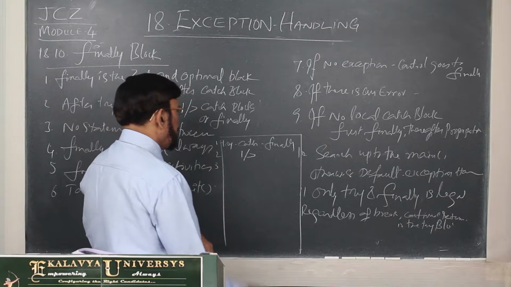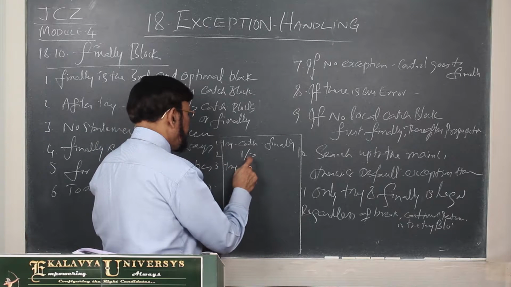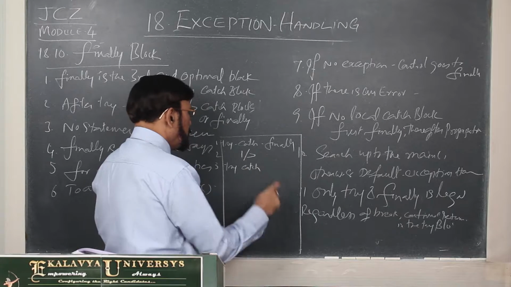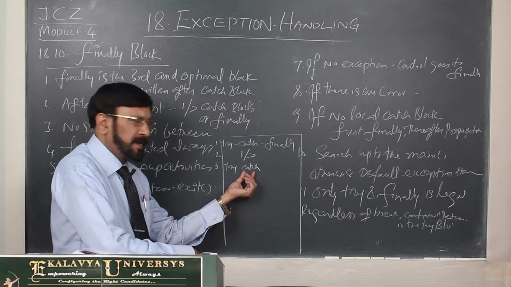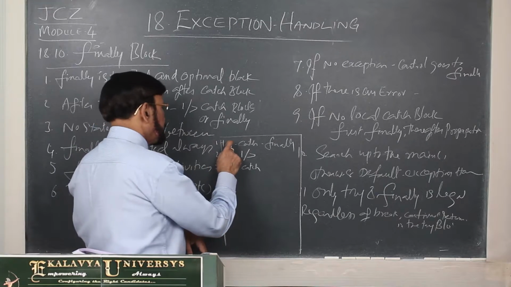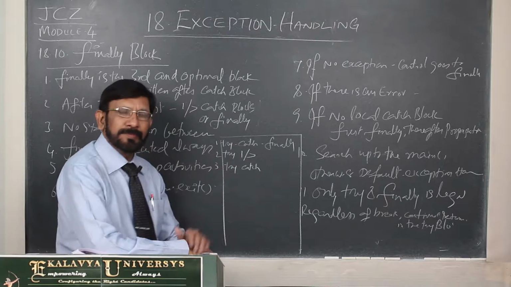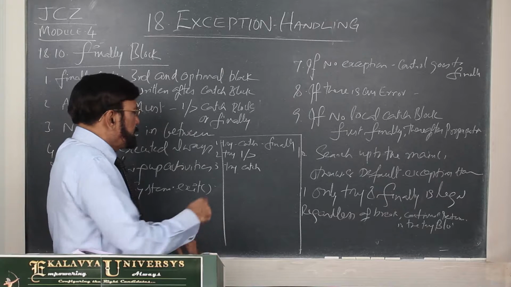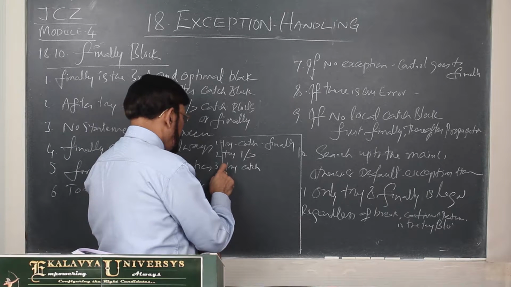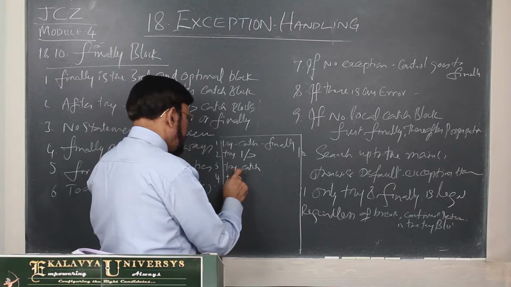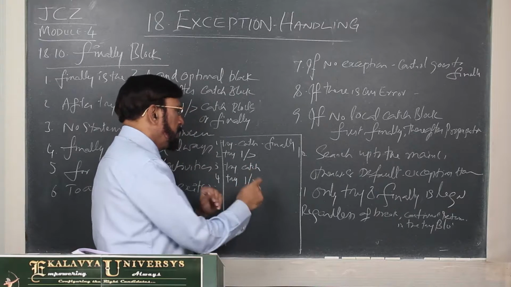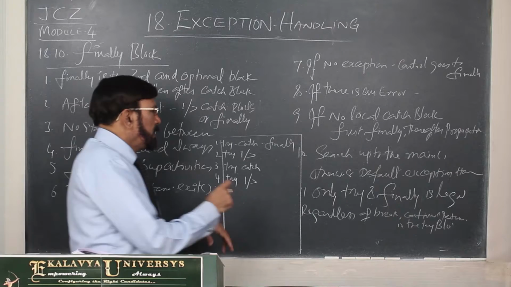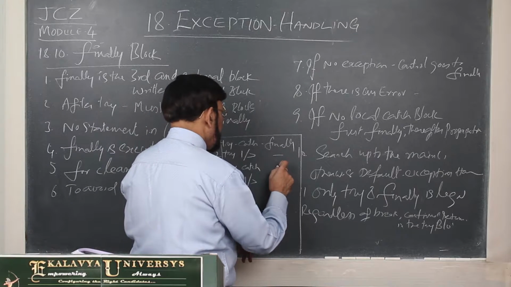Third option, try and catch only, you write. Single try, single catch, always a single try only. Thereafter, fourth one, try and multiple catches, multiple catch statements you write without writing finally.